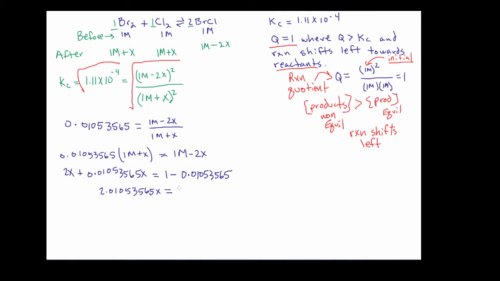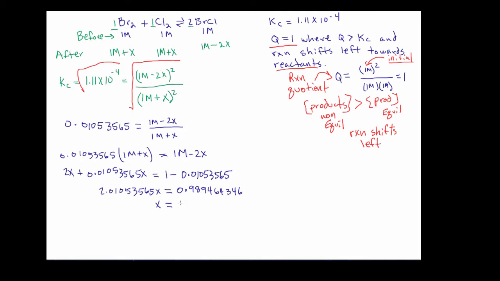And then 1 minus, all right, so we're going to end up on this side with 0.98946436. Basically all I'm doing is I'm holding all the numbers on my calculator screen so that we don't have to worry about significant figures.